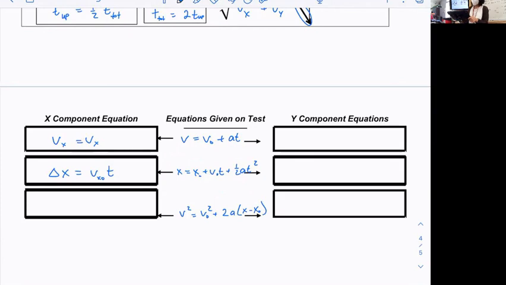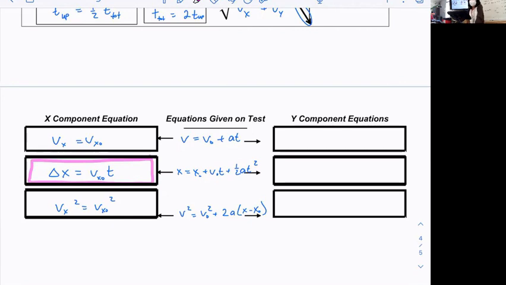And this equation doesn't really help us at all. It just says that the x velocity is equal to the x velocity. So in projectiles, this is the one that is important for us because we don't have an acceleration in the x direction.